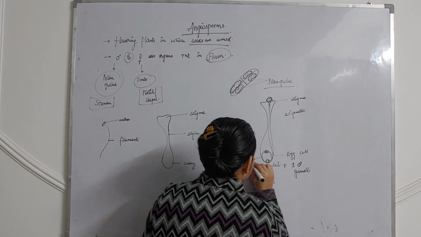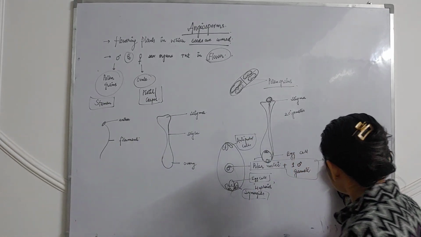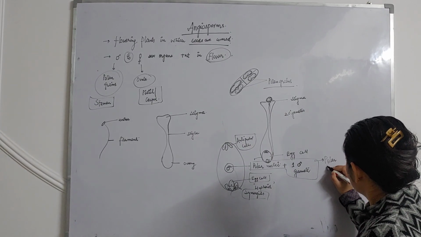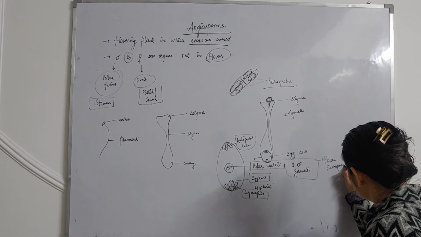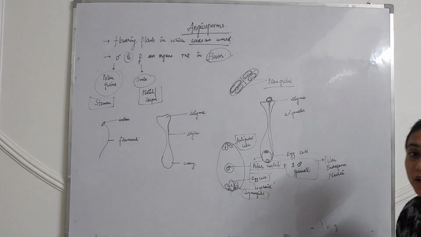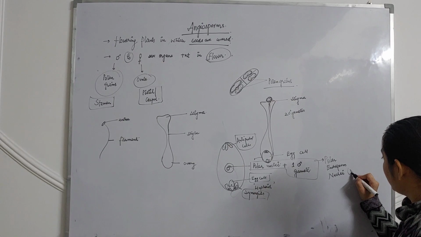So the polar nuclei plus one male gamete after fusion form the polar endosperm nuclei, which is not diploid, it is triploid in nature, meaning 3N.